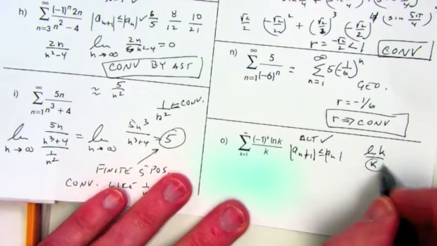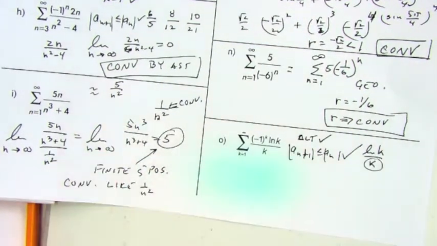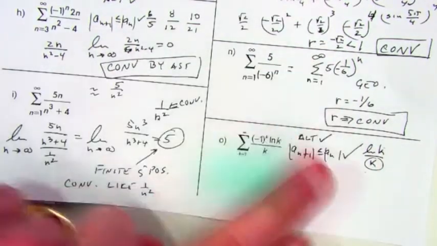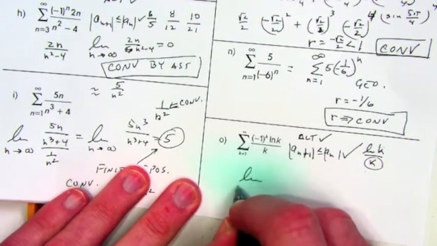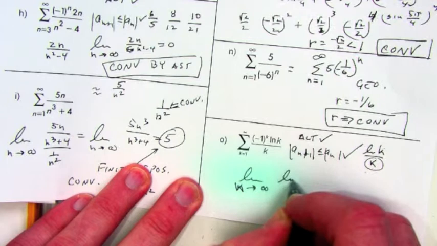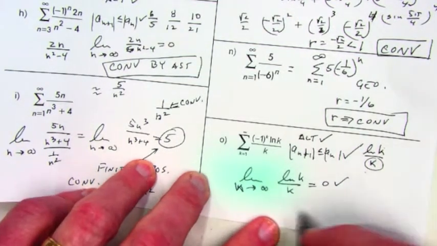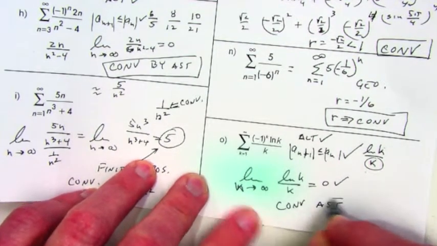K is going to grow faster than the natural log of it. So it is decreasing, because k is always bigger than the natural log of k, and they actually start to grow apart. And the third thing you have to test, remember, is the limit as k goes to infinity of the natural log of k divided by k, which does in fact equal 0, so therefore it converges by AST.